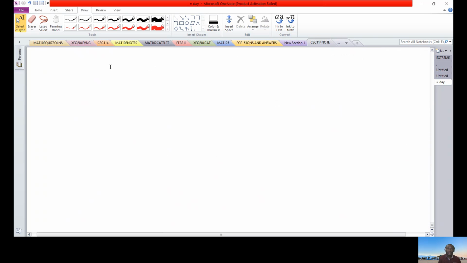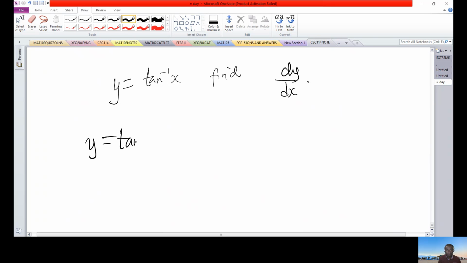And then the next one: given y is tan inverse of x, find dy dx. As usual, you write y equals tan inverse of x, which means tan y is the same as x.